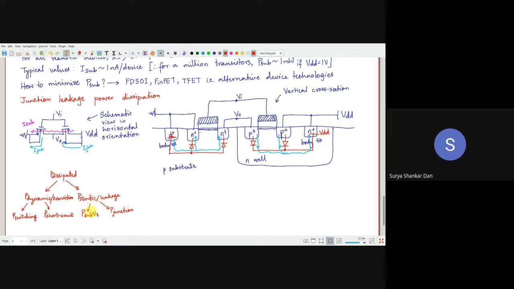Now, as you have understood, subthreshold leakages are controlled by the device technology. Okay. Now we will come to the junction leakage part, which is also part of the static leakage, but this junction leakage is also associated with the technology which you are using. So that technology is what we will learn right now.